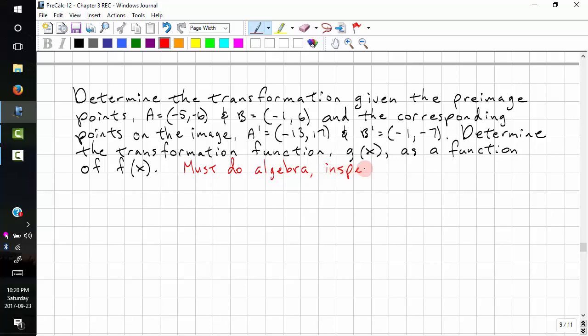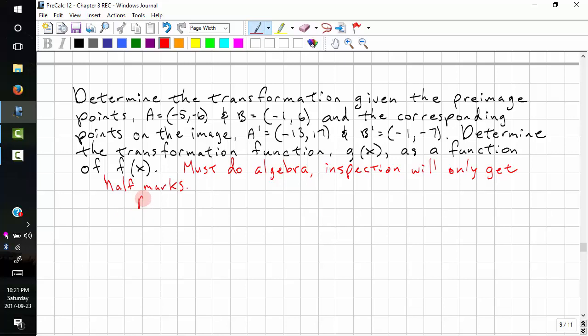Inspection will only get half marks. If you try to do it just by looking at the points, trying to figure it out, that's called inspection. You need to do the algebra, and this is how we do it.